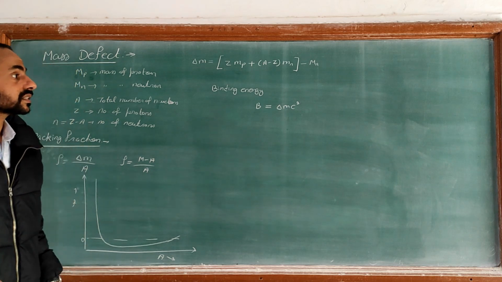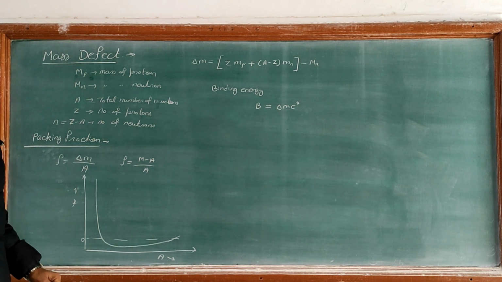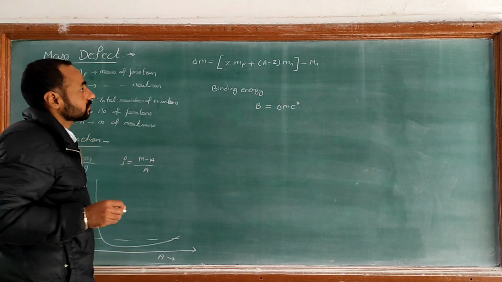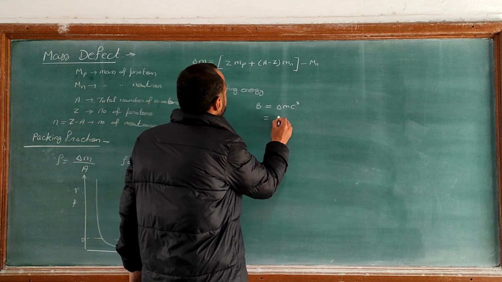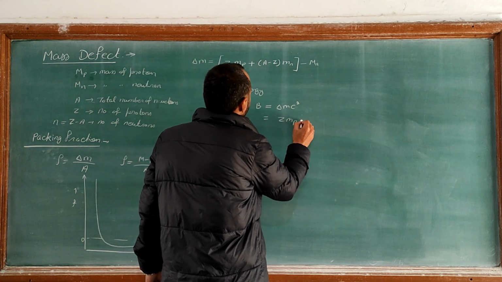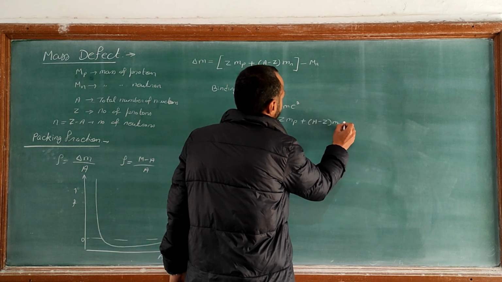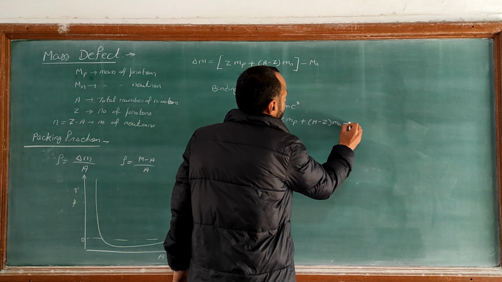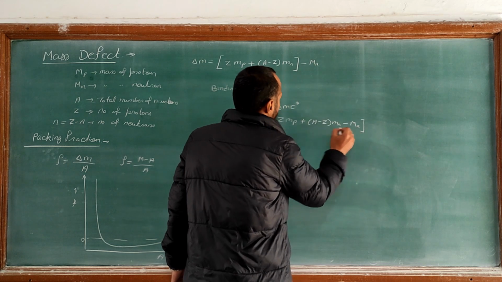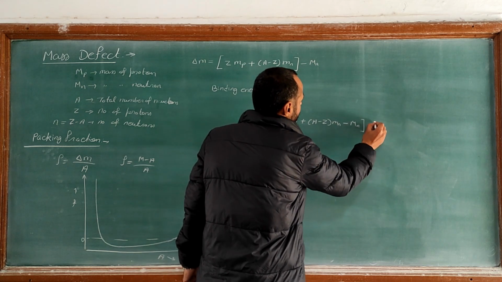Binding energy represents the stability of the nucleus. The higher the binding energy, the more stable the nucleus, and the lower the binding energy, the less stable the nucleus. So we can substitute the value of delta M as [Z Mp + (A minus Z) Mn minus Mn] into c squared.